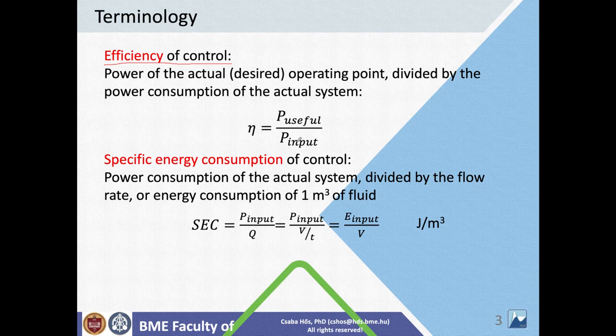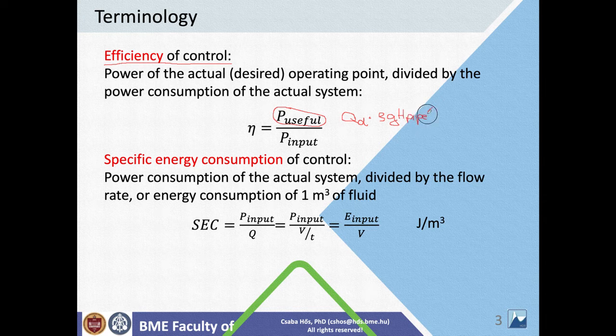Imagine that you have a desired flow rate on a pipeline system. Then useful power is the power corresponding to this desired flow rate times the pressure difference at this flow rate on the pipeline system, which is rho g h pipeline at this flow rate.